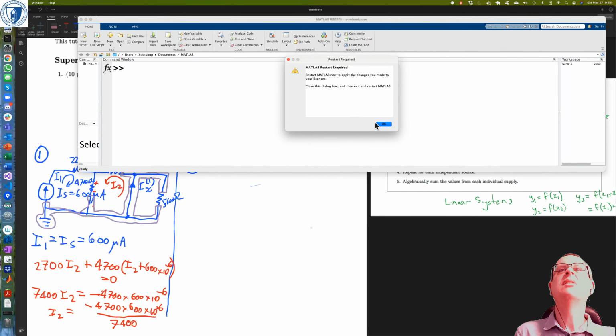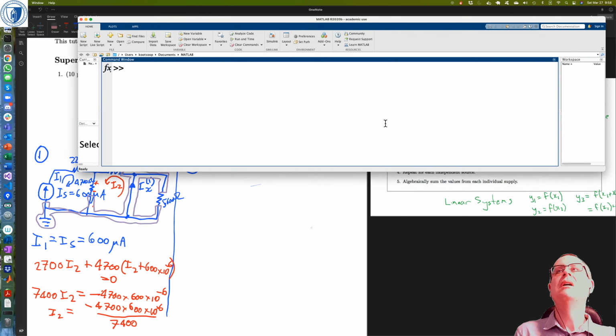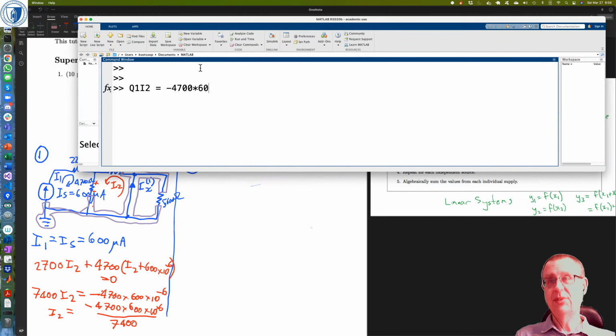So let's just quickly see if that will work. So I2 equals, this is Q1, I2 equals minus 4700 times 600 times 10 to the minus 6 divided by 7400.